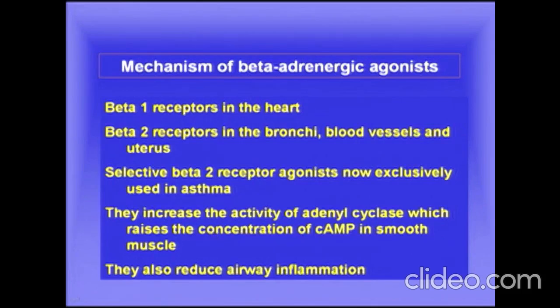And so they reverse the changes that occur as a result of the factors released by cells which reduce adenyl cyclase and reduce the concentration of cyclic AMP. That's one of their actions, but the other one is that they reduce airway inflammation.